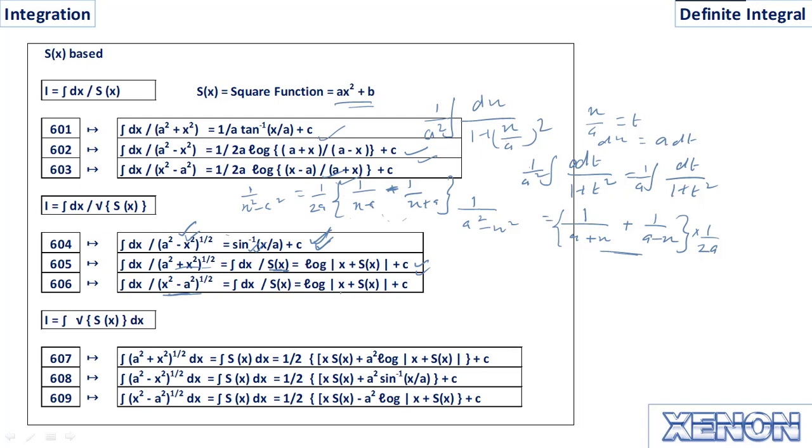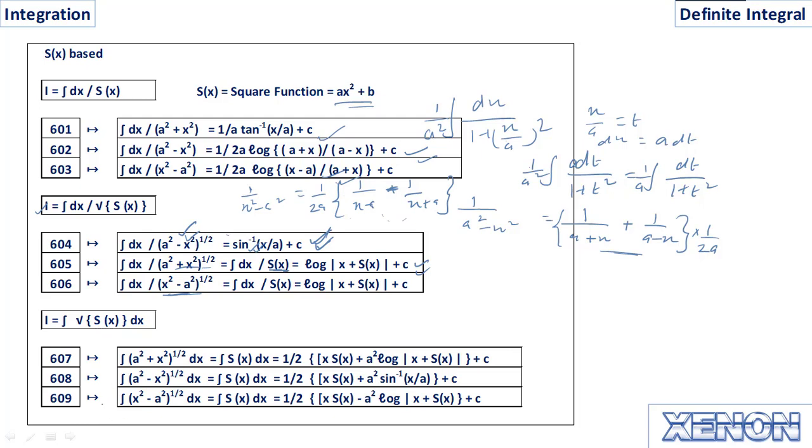Now, integration of the form of square root of sx into dx. Here in the previous section we have seen the integration of the form of dx upon square root of sx. Here we will be dealing with integration of square root of sx into dx, right?